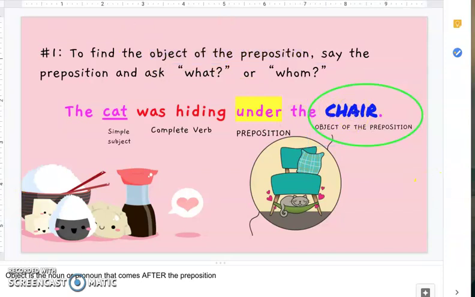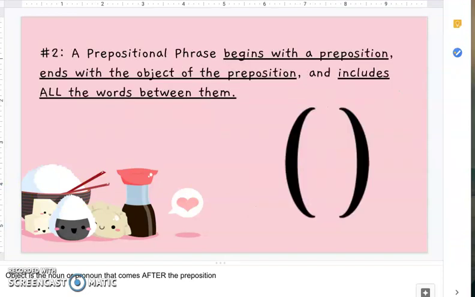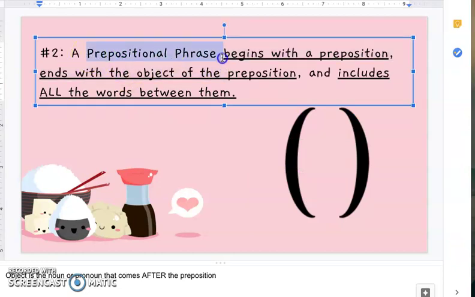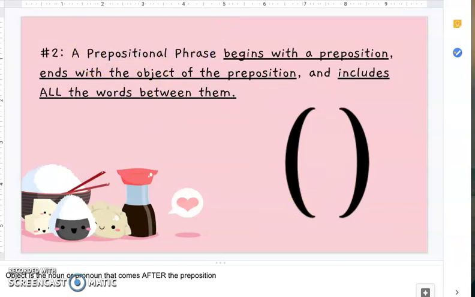Okay? So that's the first thing you need to know. The second thing you need to know is that a prepositional phrase begins with a preposition, ends with the object, which we just talked about, and it includes all the words between them. And if you remember, we always indicate a prepositional phrase using these parentheses. So let's practice. Let's go back to our previous sentence.